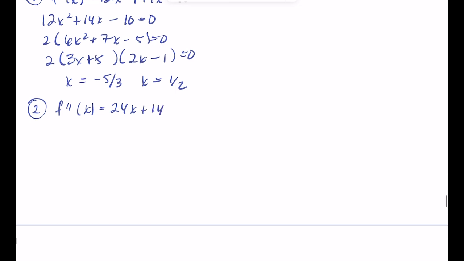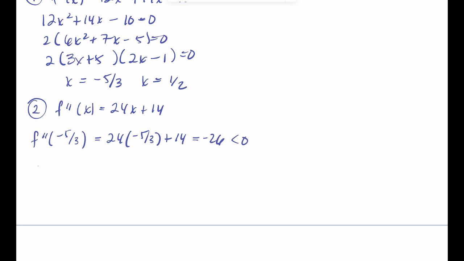Okay, so what I'm going to do now is plug negative 5/3 into the second derivative. Let's see, this would give us 3 into 24 is 8 times negative 5 is negative 40 plus 14. That's going to give me negative 26, which is less than 0. So that tells me there's going to be a relative max.